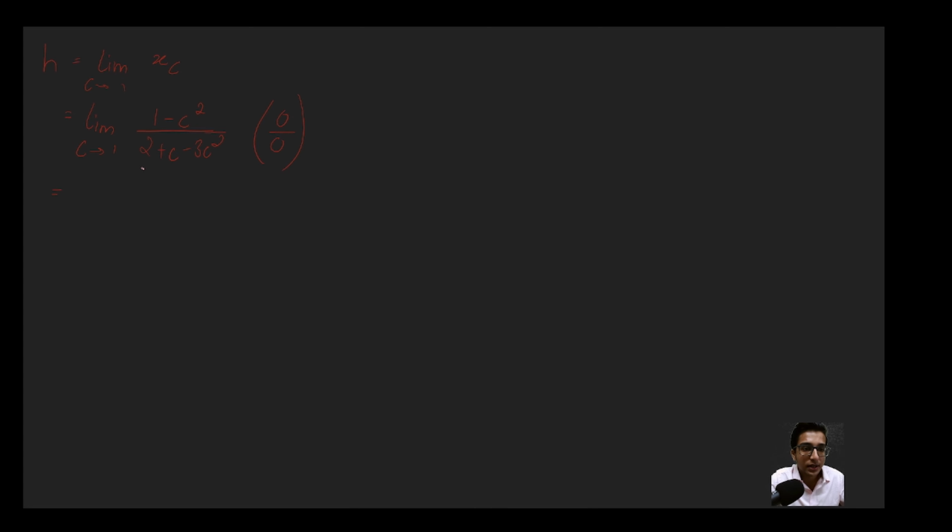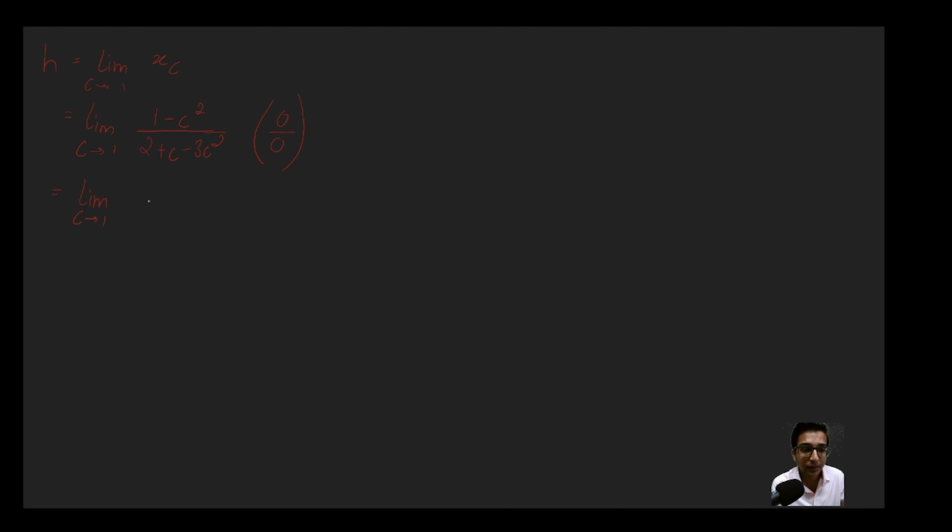What we can do here is that, with c tending to 1, let us just differentiate both the numerator and denominator, like the way we had studied in limits when we were studying that chapter. If it is an indefinite or indeterminate form, we can simply differentiate the numerator separately and the denominator separately.